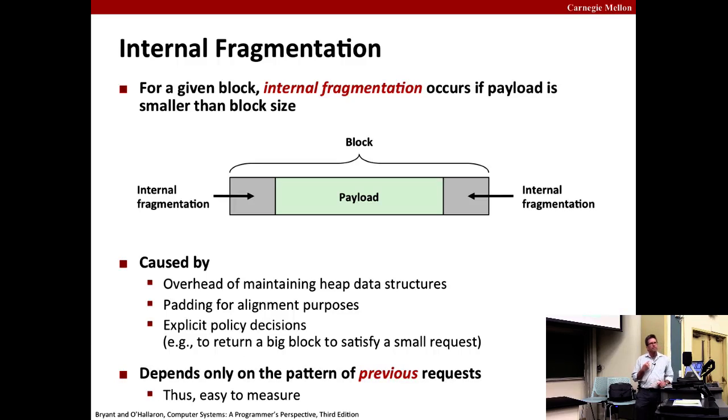Now, for internal fragmentation, given a series of requests, we can just stop and freeze the heap, and it's very easy to compute the amount of internal fragmentation. At any point in time, we can look at all the previous requests that we've made and look at the size of the payload for each one of those requests.